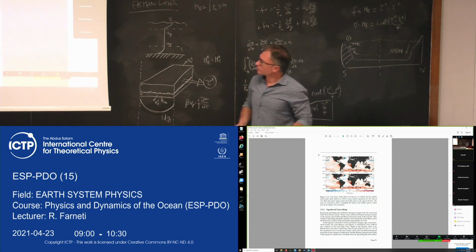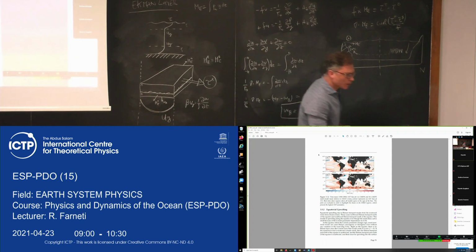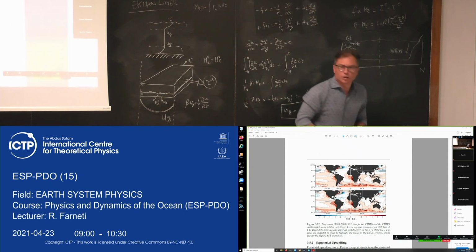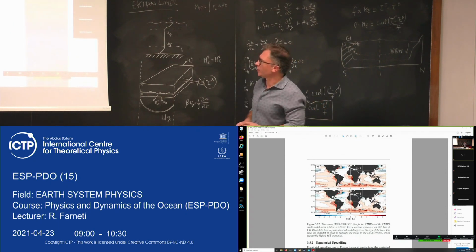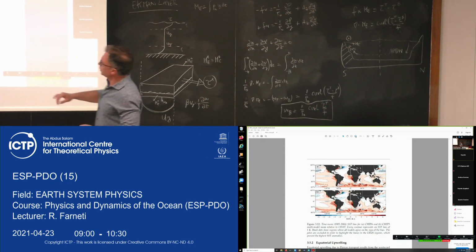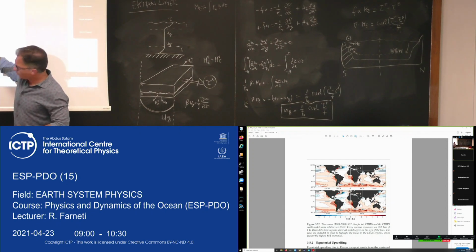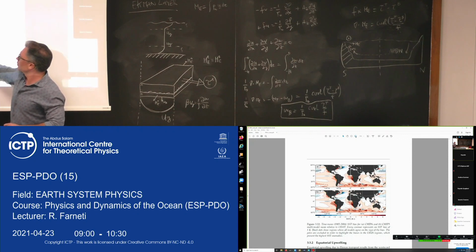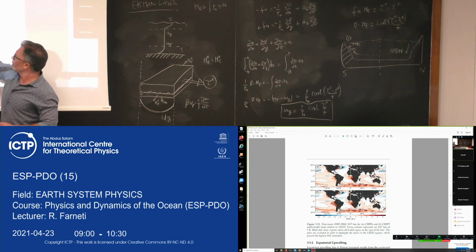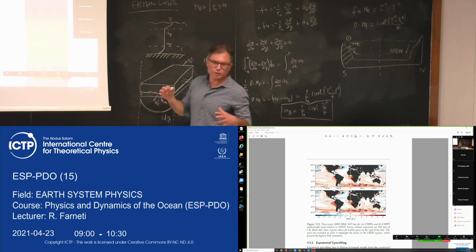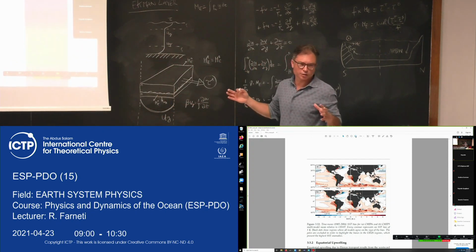Okay, so those regions of coastal upwelling are very important, not just for biology, also because of biology. I mean, at least these three places, the Benguela upwelling region, the Peru-Chile upwelling region, and the Northwest Canary upwelling regions are the three regions with the largest fisheries in the world.